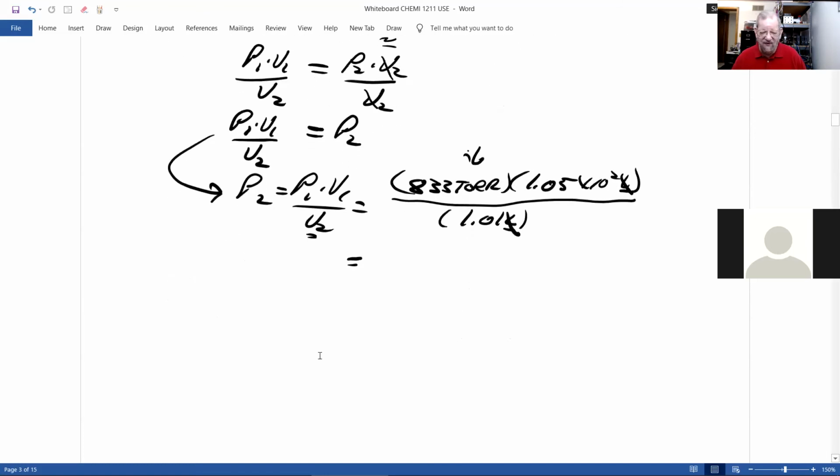And now, before I go ahead, remember on test 3, it will say, please use proper significant figures for all calculated answers. And my calculator gives me the following number.